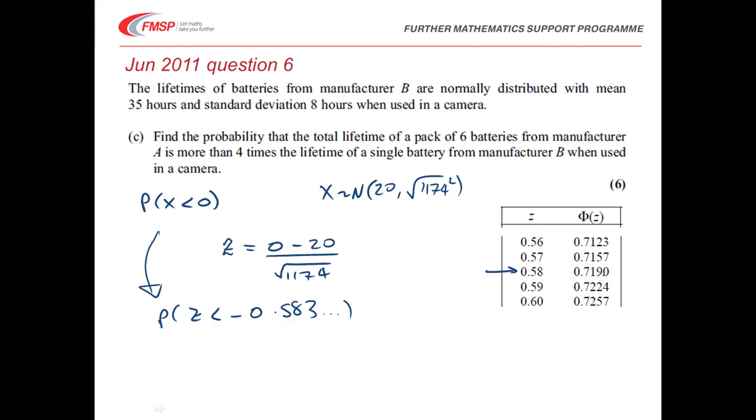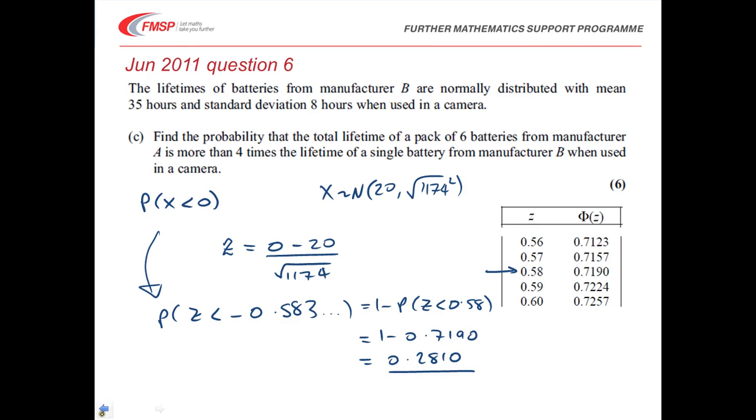And again, you're not expected to interpolate at this level, so we can just use the given values. And so if we look at the positive one, this is going to be 1 minus the positive Z value, 0.58. So that's going to give me 1 minus 0.7190, which is 0.2810. Of course, if you want to interpolate, you can, but that would be appropriate.